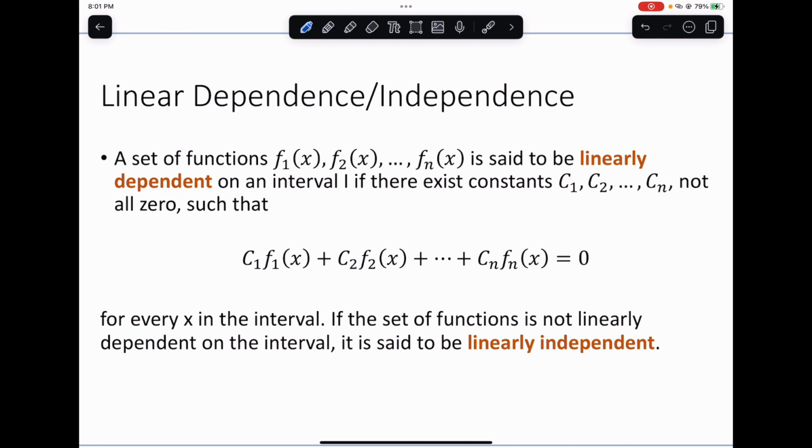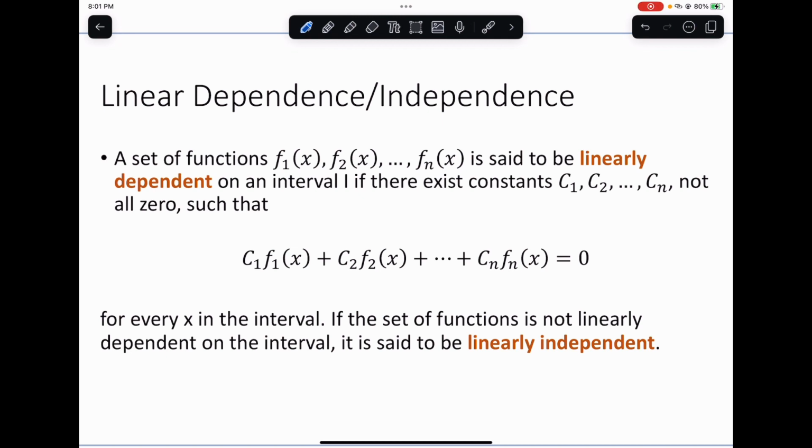If the set of functions is not linearly dependent on the interval, then it is said to be linearly independent. To better understand this, the only rule here is we think for the values of c sub 1, c sub 2, up to c sub n, but it is not possible that they should all be equal to 0.